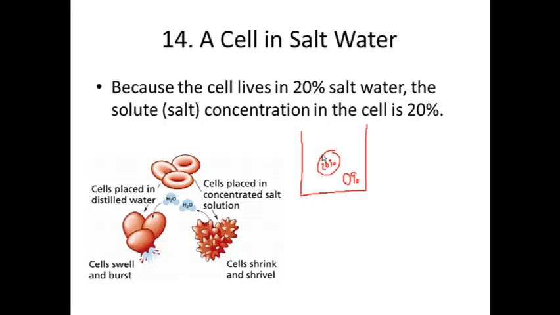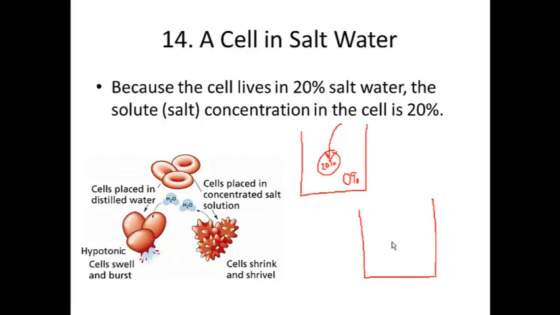Because the concentration of salt inside of the cell is higher, there's fewer free water molecules, so all of the water is going to go into the cell. This causes the cell to burst. We call that situation hypotonic. The concentration of water outside of the cell is less than the concentration of water on the inside of the cell.